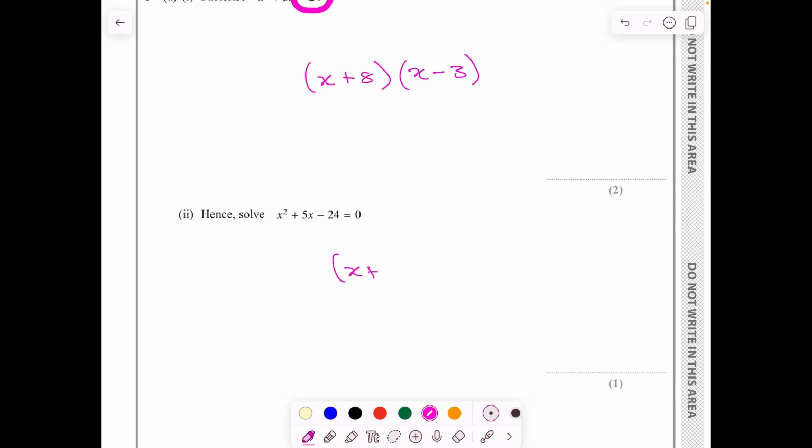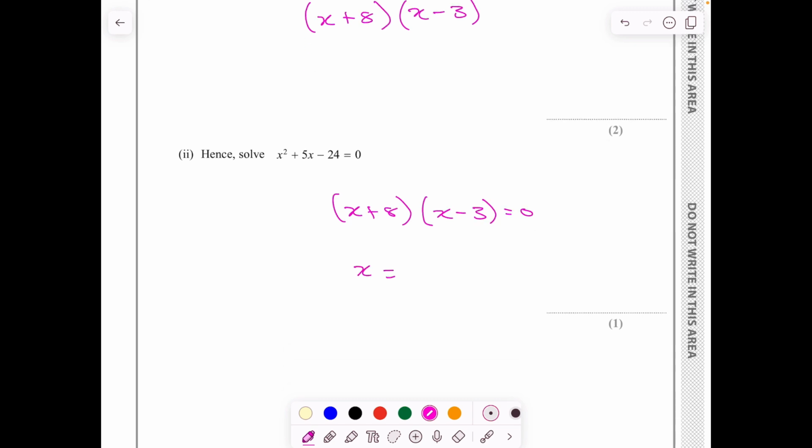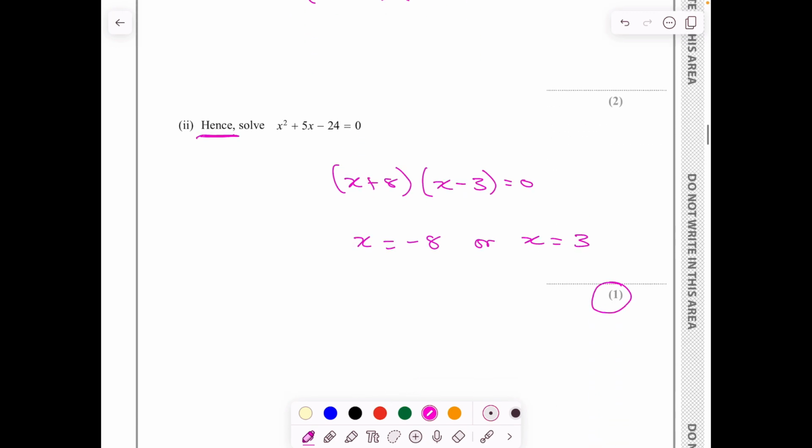So if you know that x plus 8 times x minus 3 equals 0, then your solutions are x equals minus 8 or x equals positive 3. Okay, remember where it says hence, it usually means that the first part will help you with doing this. I know some of you try to use the quadratic formula, but you were wasting your time, especially for 1 mark. They just wanted you to use what you did in part 1 to then do part 2.